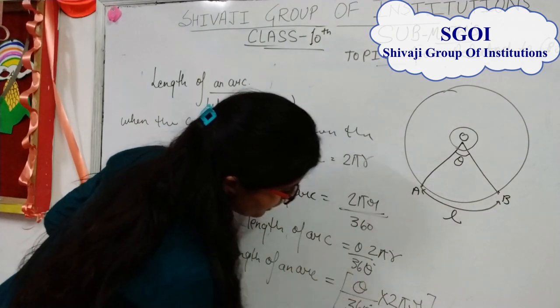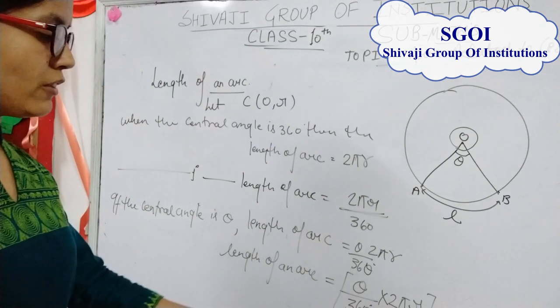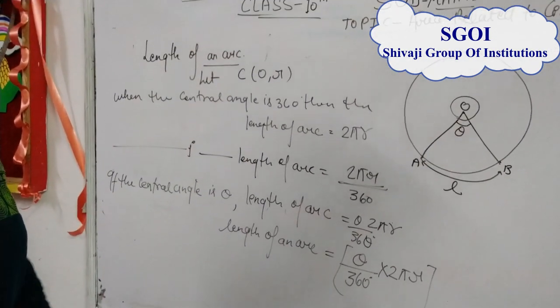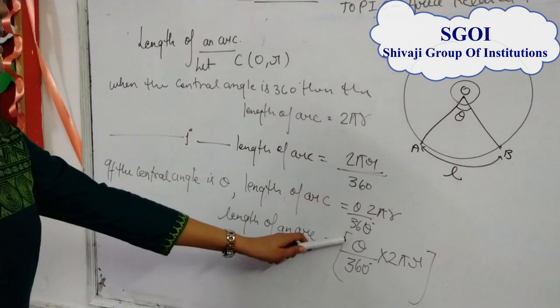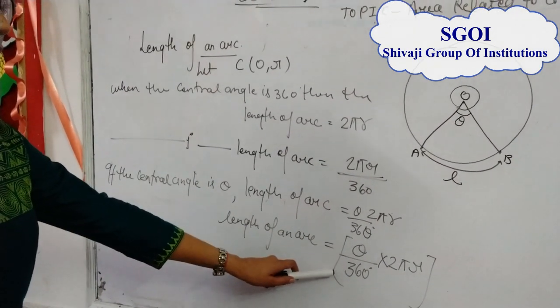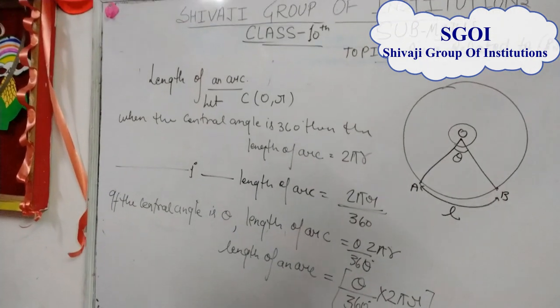Then the formula becomes: the length of an arc is equal to theta upon 360 into 2 pi r, where 2 pi r is the circumference of the circle, theta is the central angle, and 360 is the complete angle. Now let's see an example.